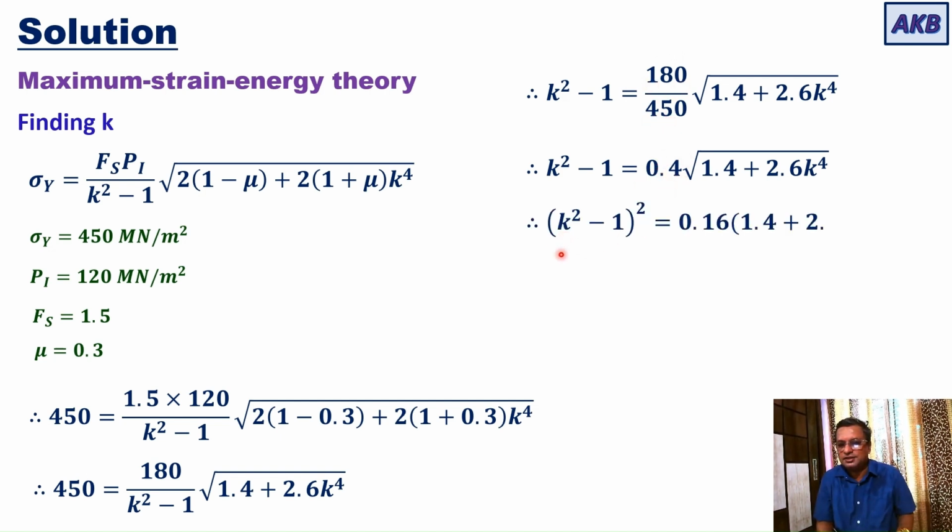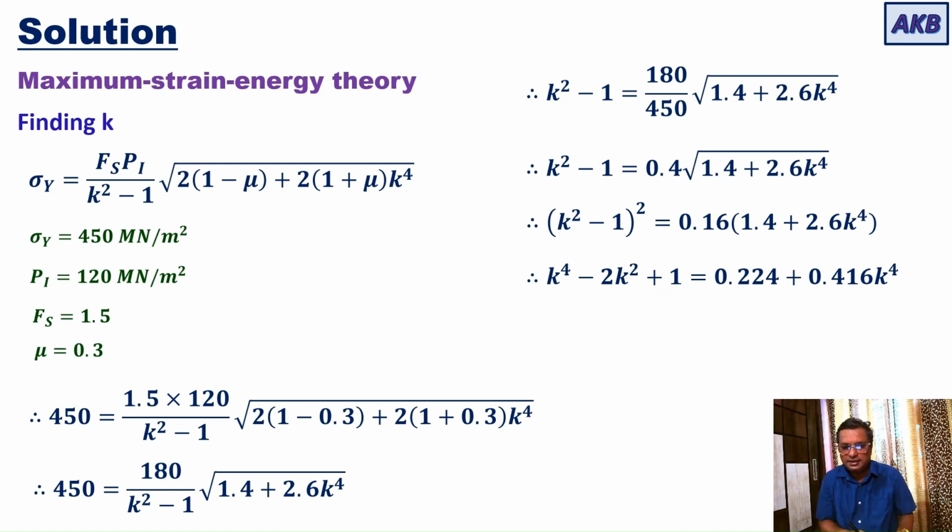In the next step, I'll square on both the sides. So this will be k square minus 1, square of that, is equal to the square of 0.4, which is 0.16. So 0.16, and the square of the square root, the square root will go and you are left with 1.4 plus 2.6 into k raised to 4. If this bracket is solved, you'll get k raised to 4 minus 2k square plus 1.